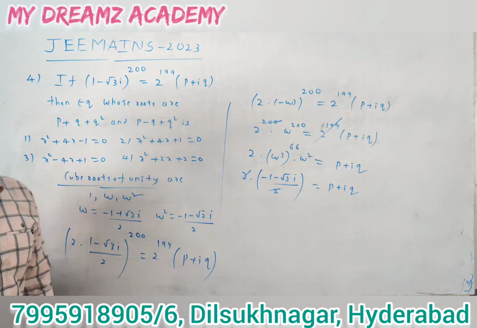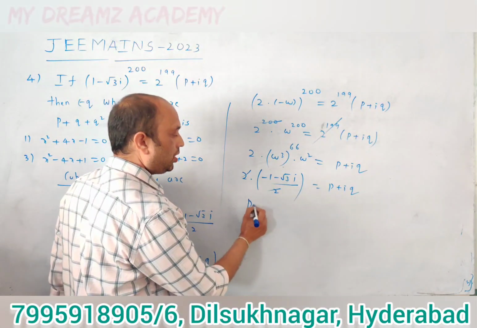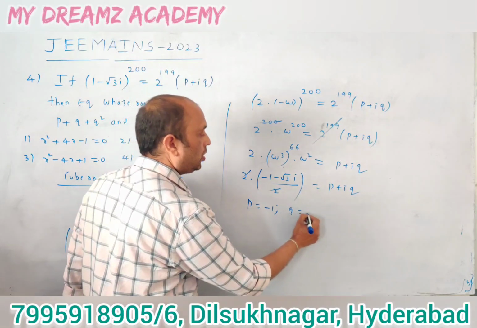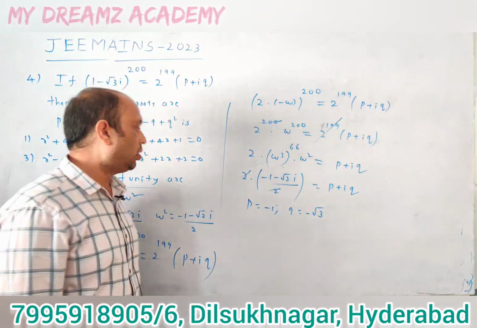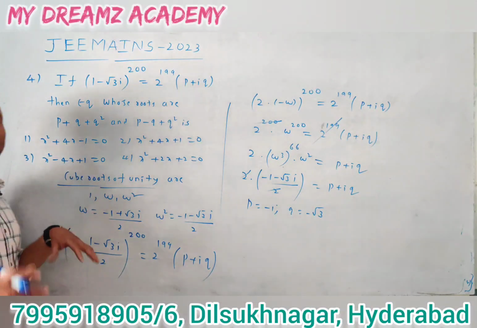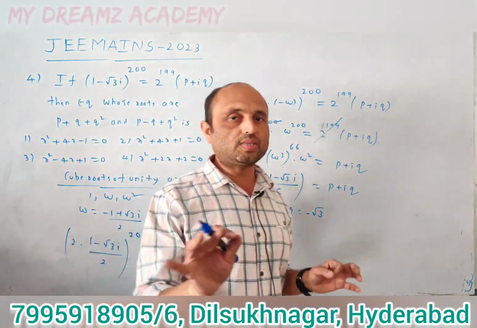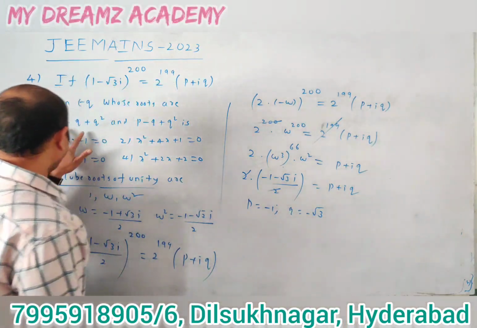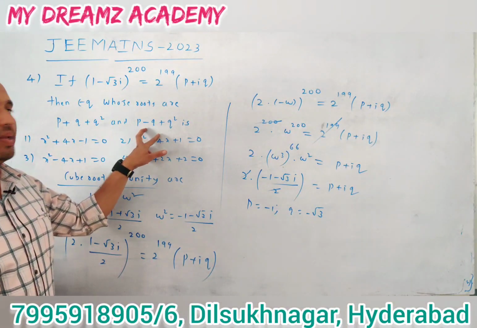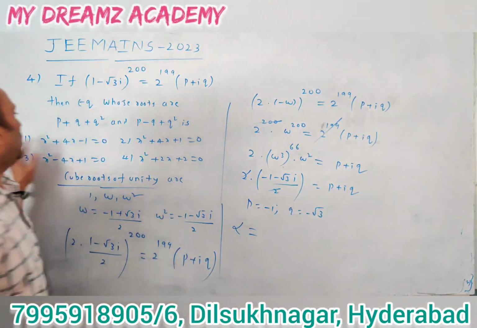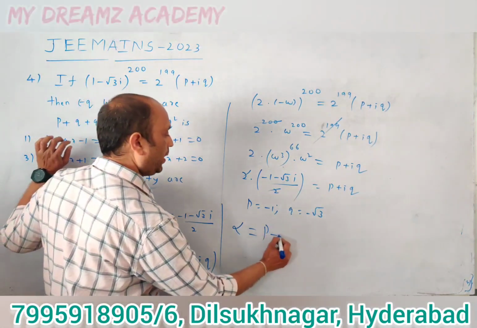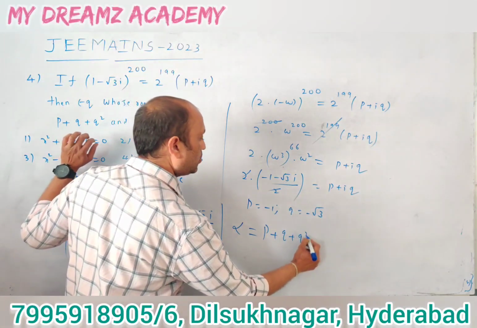2 gets cancelled here. So p is equal to minus 1, q equal to minus root 3. Here we want to find the equation whose roots are p plus q square, p minus q plus q square. Assume alpha equal to p plus q square.